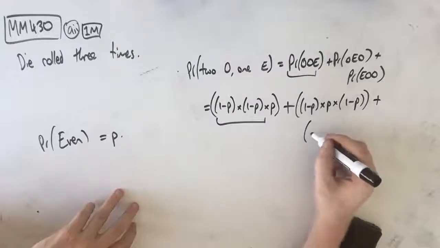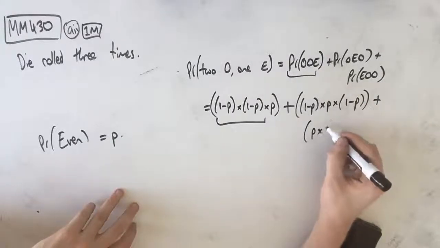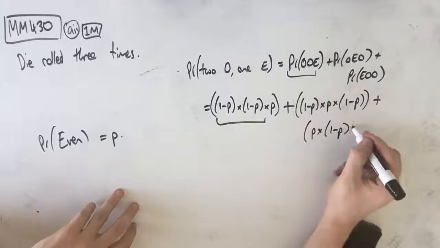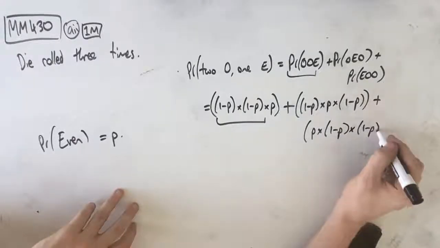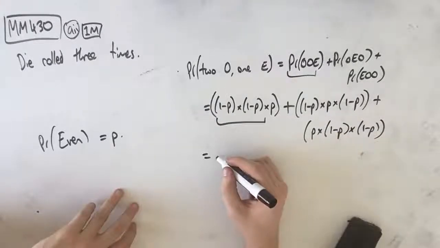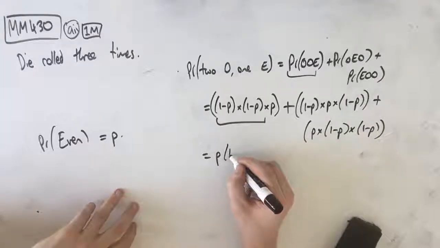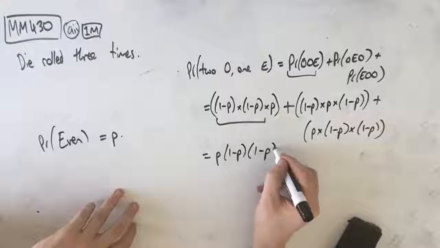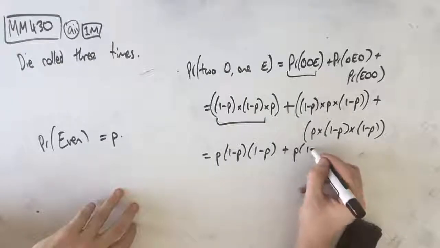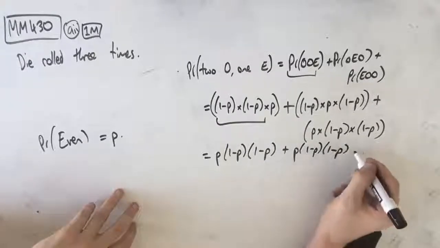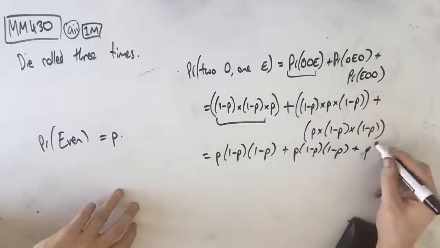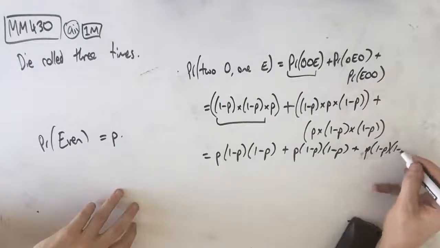Then we're adding even, which is P, times odd, 1 minus P, times odd again, 1 minus P. I'm just going to rewrite this: the P comes out the front, P times (1 take P) times (1 take P), plus P(1 take P)(1 take P), plus P(1 take P)(1 take P).